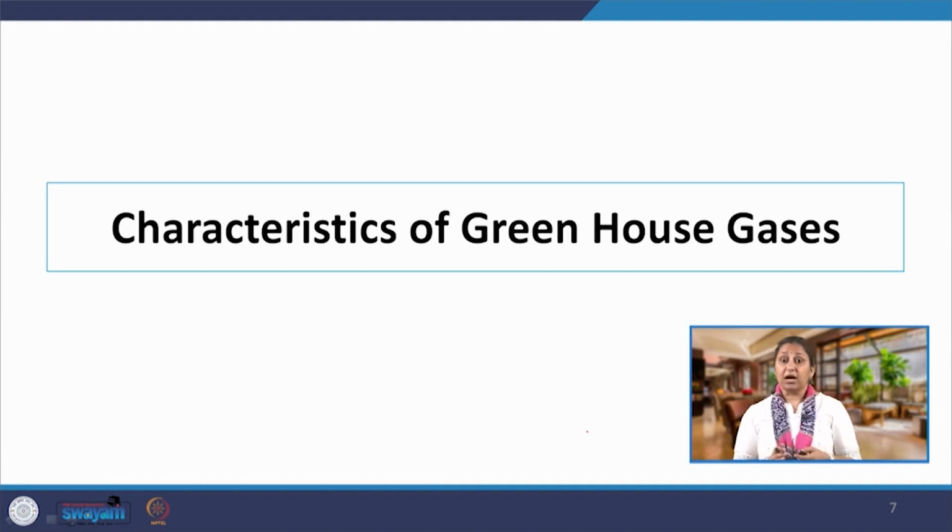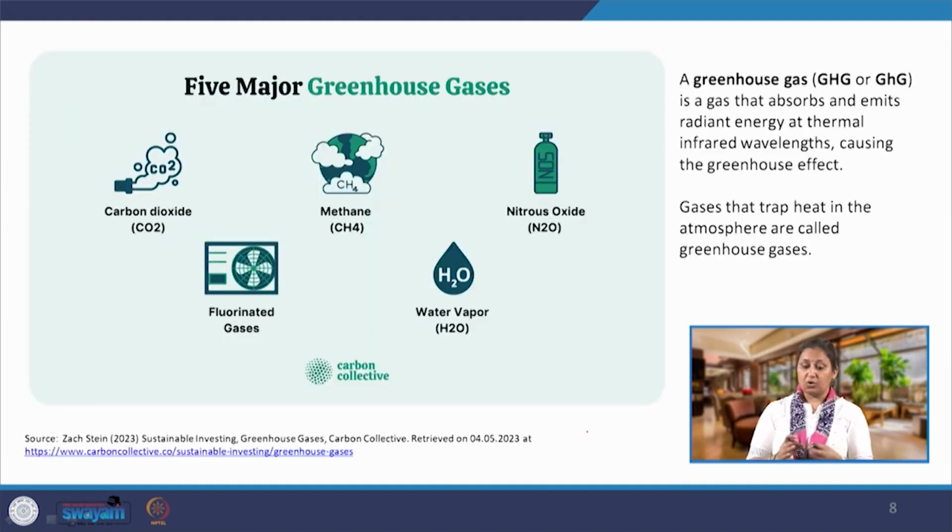So, what are these greenhouse gases which are causing the greenhouse effect to happen? Majorly, the greenhouse gases have been categorized into 5 major categories. One, no category as per the nomenclature, but it is one single gas, and this is the most significant contributor to the greenhouse effect, which is carbon dioxide.